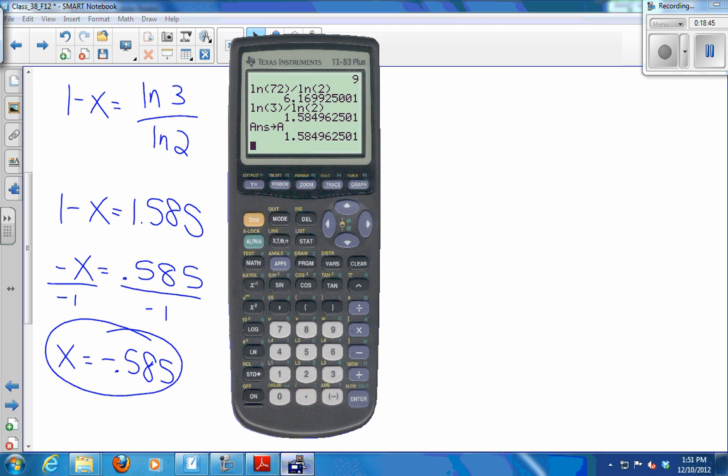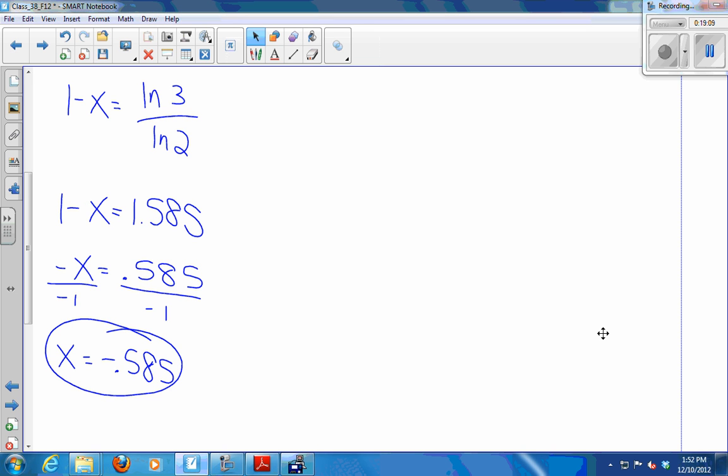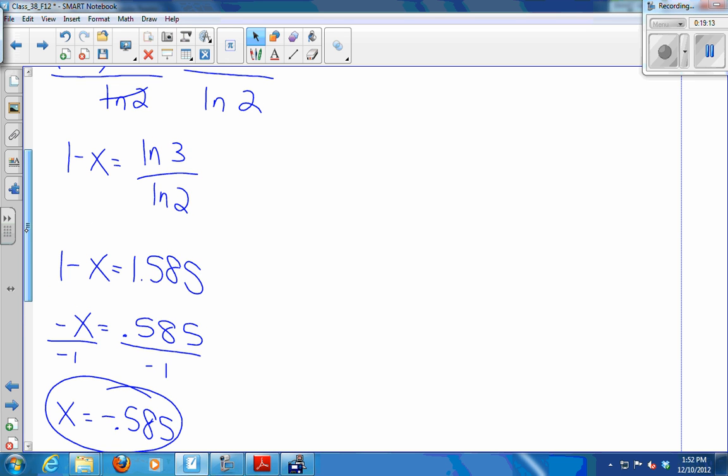And if I want to be super accurate, just to demonstrate how you do this thing with the A now, I would say, okay, I'm going to take A and I want it to subtract 1, minus 1, and then divide by negative 1, and I get my answer, negative 0.585. All right, so any questions?